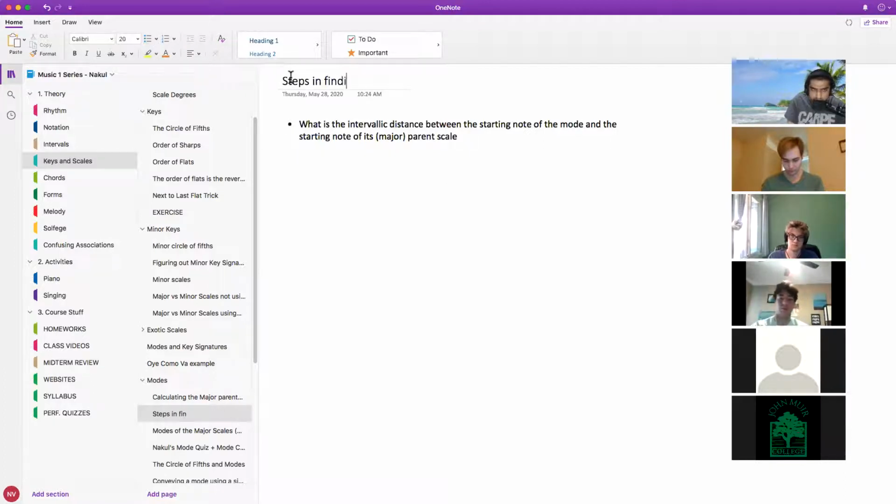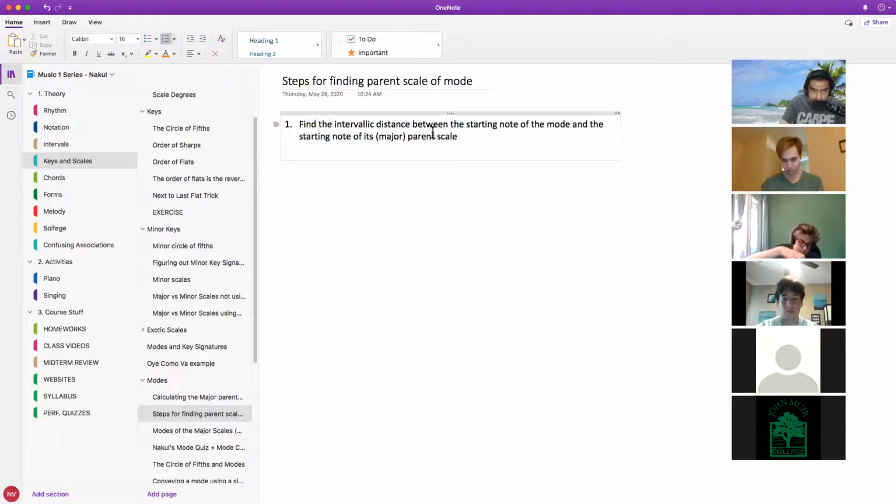Steps in finding the parent scale of a mode.